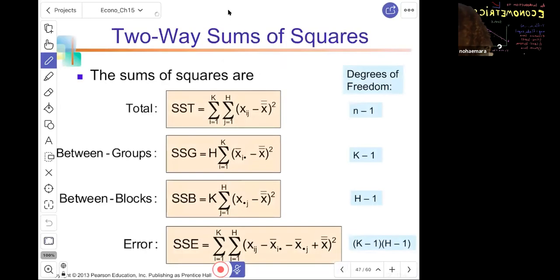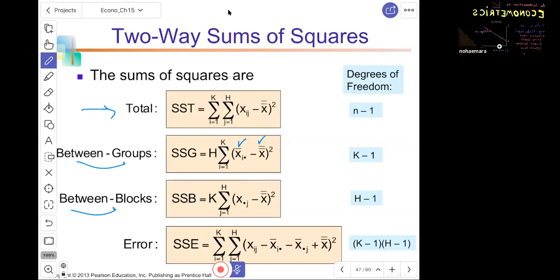So how can I compute the F statistic now? I do have different sets of sum of squares. The first one is the total, but we're dividing it into between groups and between blocks. Here you take each group average and how far it is from the grand mean.